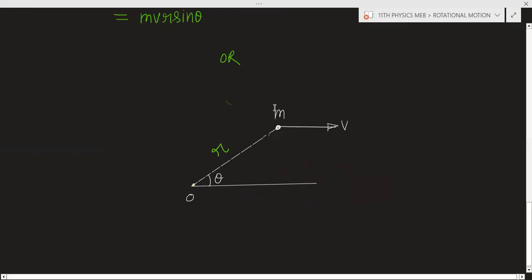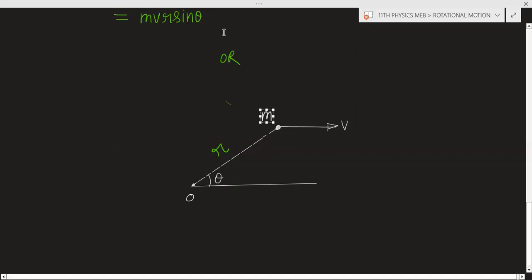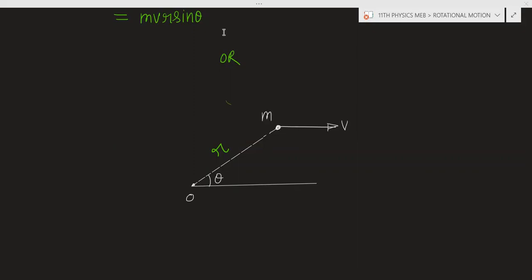Now this is the velocity. So we can take two components of velocity. One is the perpendicular component of the velocity, meaning perpendicular to r.